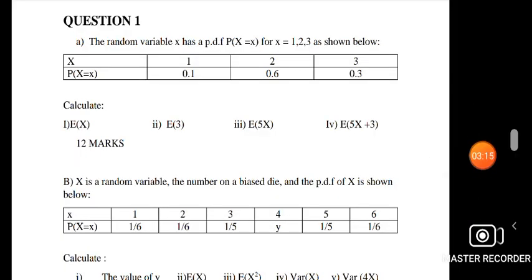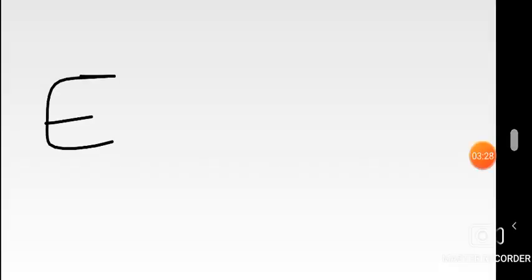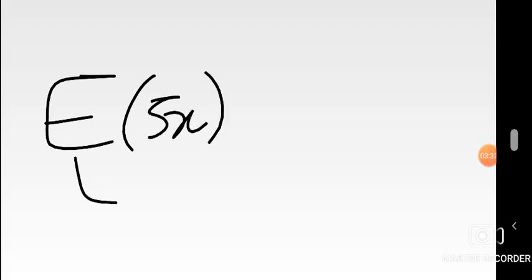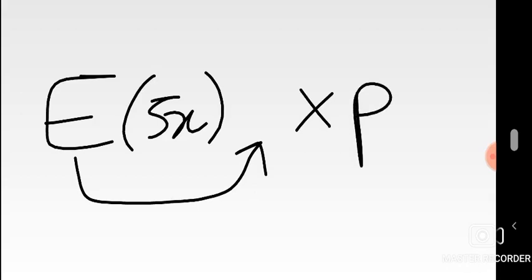Part 3 is asking for E of 5x. This time, where there is x, they've put the expected value of 5x. How can you answer this question? Expected value, right, of 5x. Whenever you see this E, what does it signify? x is multiplying p. When you see the E, it's expected value.